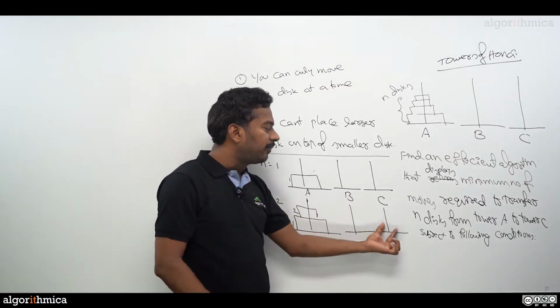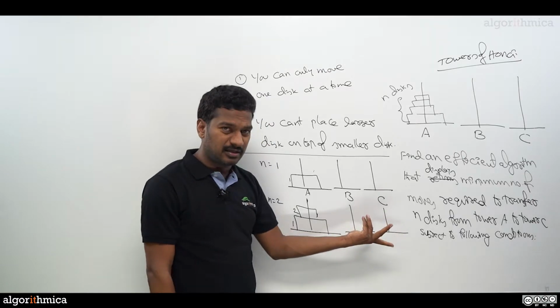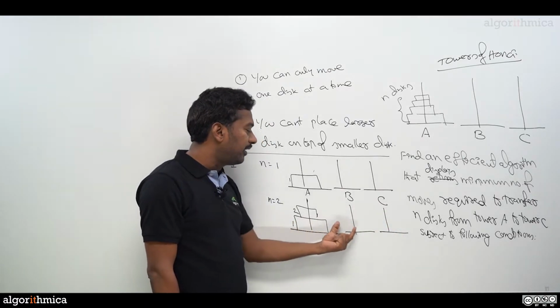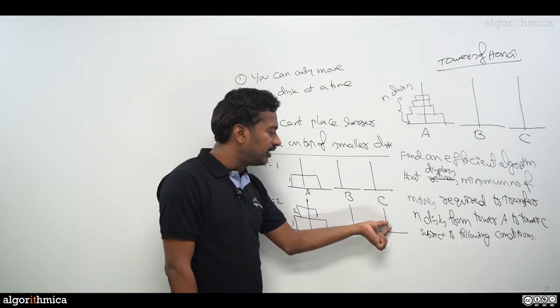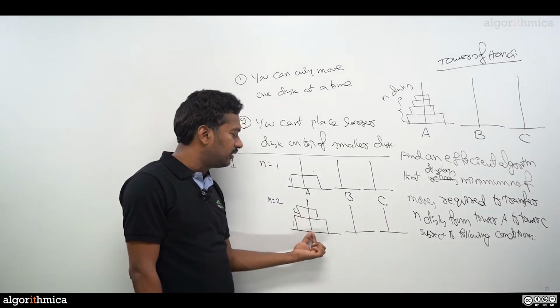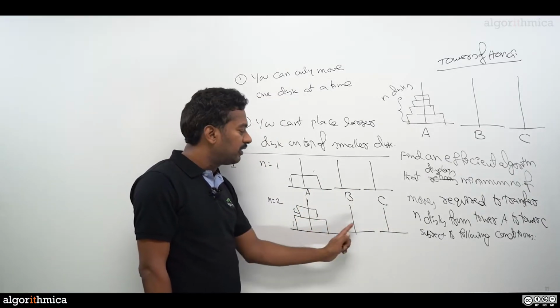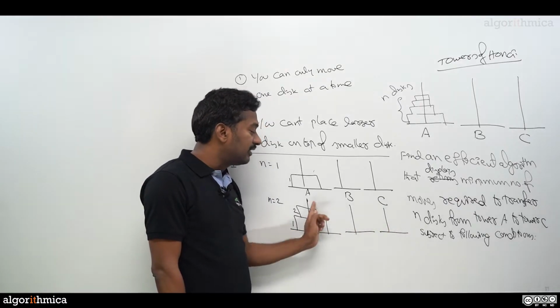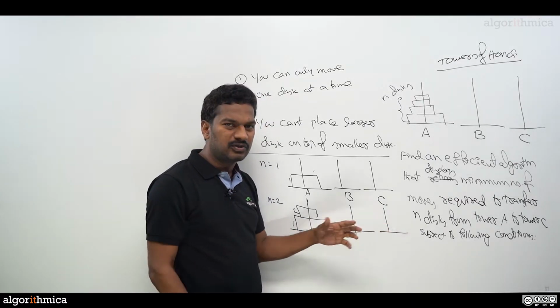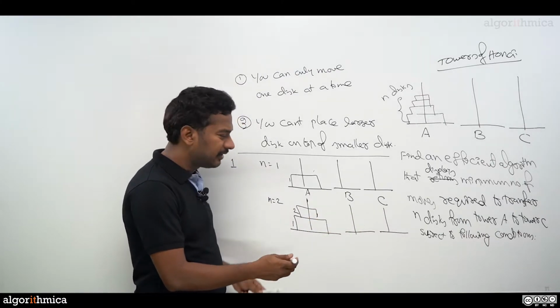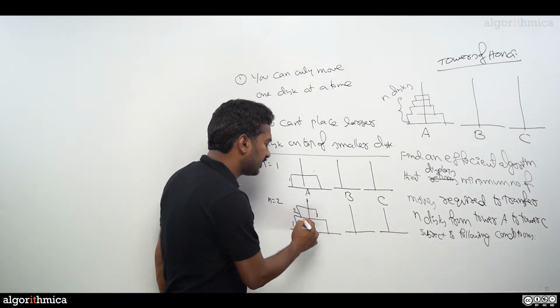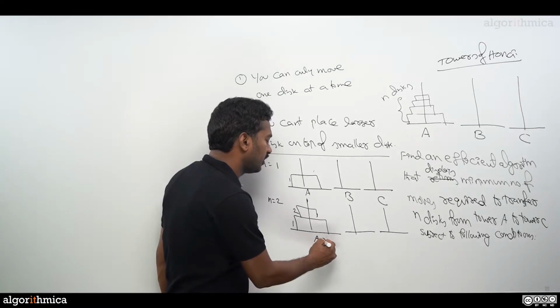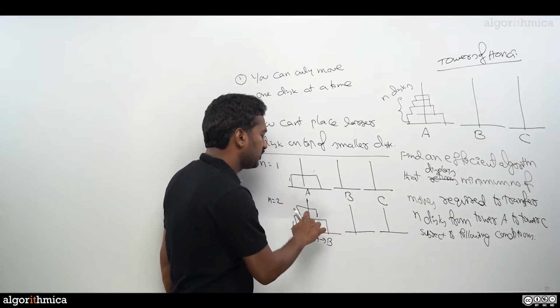So 2 if you keep onto C, definitely there's nothing wrong with it. And you can bring 1 over here. Then again the smallest one you bring back to tower A. Then the largest one you can keep onto C. And finally the smallest one you can take over. There are so many ways. Let me write that. First we transfer from A to C, the smallest one.